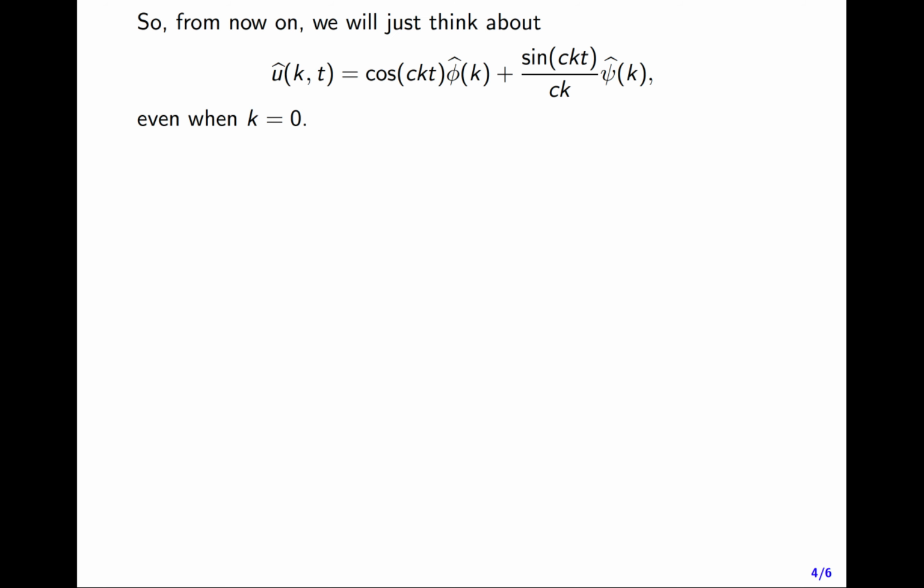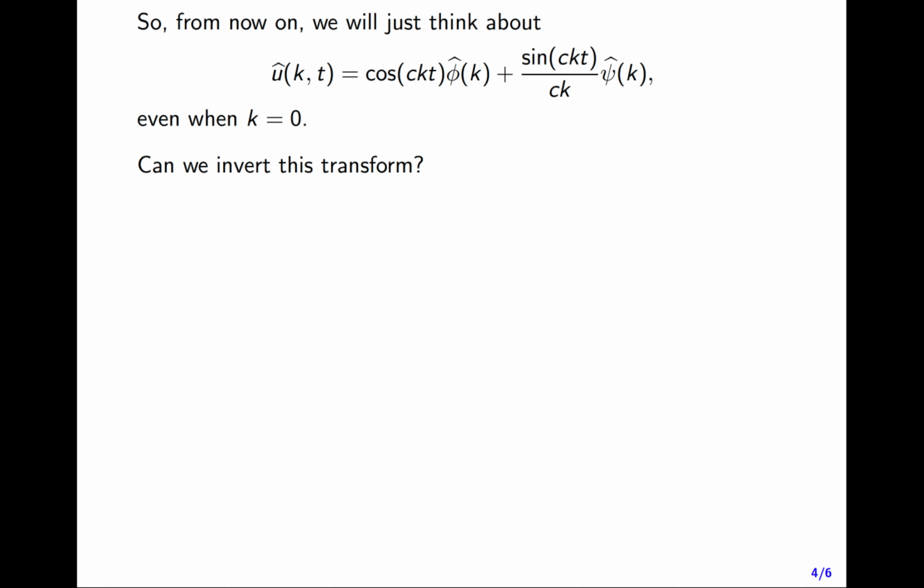The point is that we can just think about this formula u hat of kt equals cosine of ckt phi hat of k plus sine of ckt divided by ck psi hat of k. Even when k equals 0, we'll just agree to call that phi hat of 0 plus t psi hat of 0.